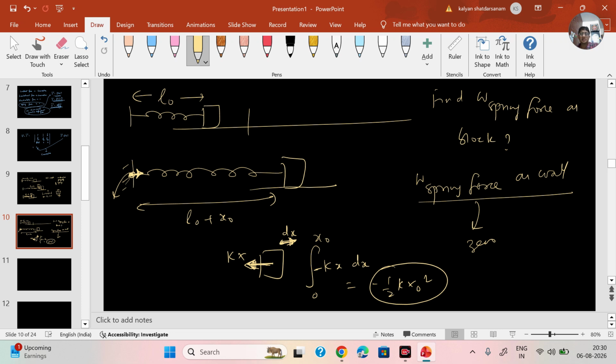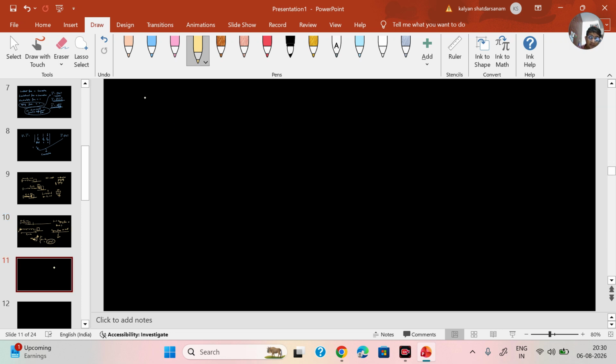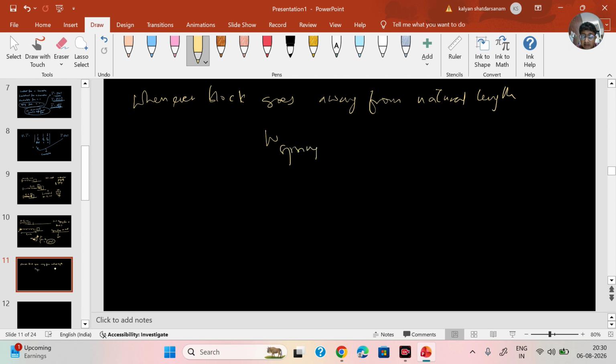So whenever the block is going away from natural length, either in expansion or in compression, I don't care, but it is going away from natural length. Maybe it is expanding from natural length, or maybe it is getting compressed from natural length. Then work done by spring force in such a case will be negative. It will be minus half k x naught square, where x naught is the final expansion in the spring.